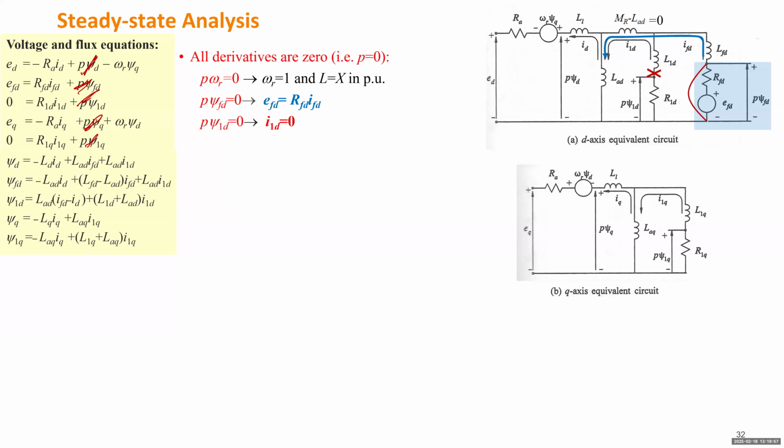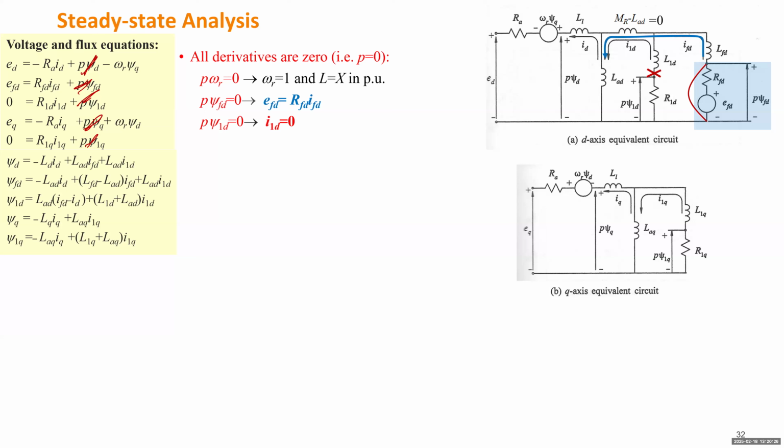Next, for psi 1D, which is the flux linkage in the first damper winding in the D axis, it doesn't change. So the derivative will be zero, which means on this circuit the voltage between the two terminals will be zero.